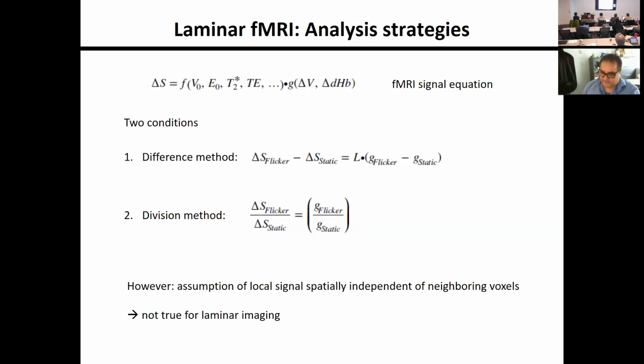To do tonotopy more cleanly, they mask the highest activation voxels, which takes into account that the voxels have different sensitivity, L. So even in standard resolution, we have a problem with the difference method that is biased towards voxels with high sensitivity. The other method is division. If we divide the flicker versus static, then we get actually a nice relationship. The scaling factor scales out because it's the same voxels.